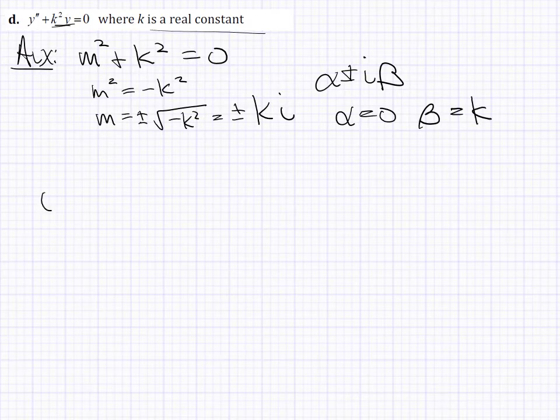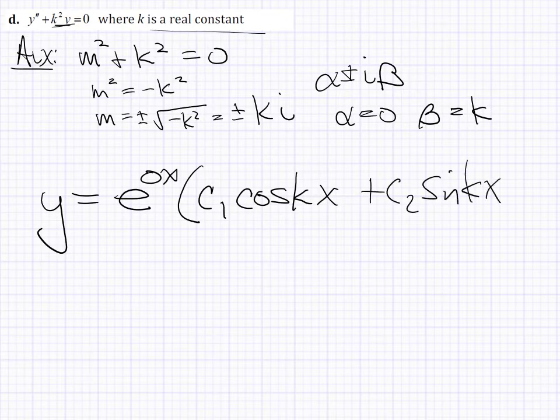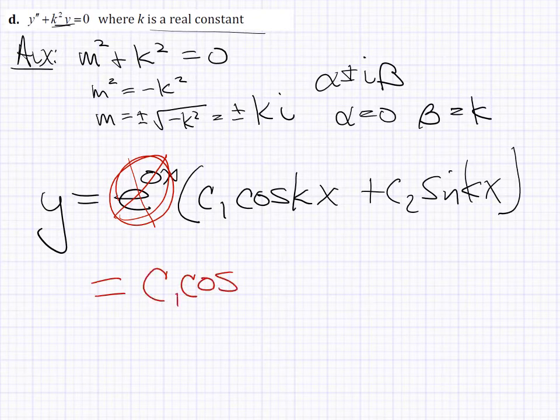Therefore, our general solution to the differential equation would be e to the alpha x, so e to the 0x, times c1 cosine kx, because that would be beta x, plus c2 sine kx. Well, notice e to the 0x is just 1 because that's e to the 0, so technically we don't have to write that. So we really could say the solution is c1 cosine kx plus c2 sine kx.